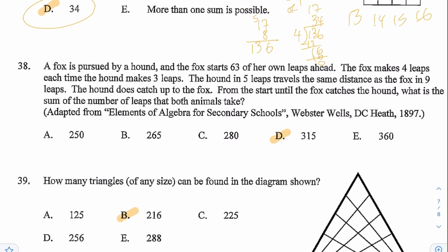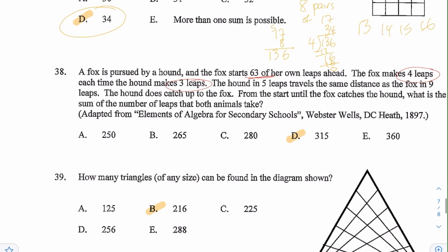So the fox starts 63 ahead, and it makes 4 leaps each time the hound makes 3 leaps. So here you have the rates. For the fox, you have 4 jumps, and the hound has 3 jumps. So this is the rate.